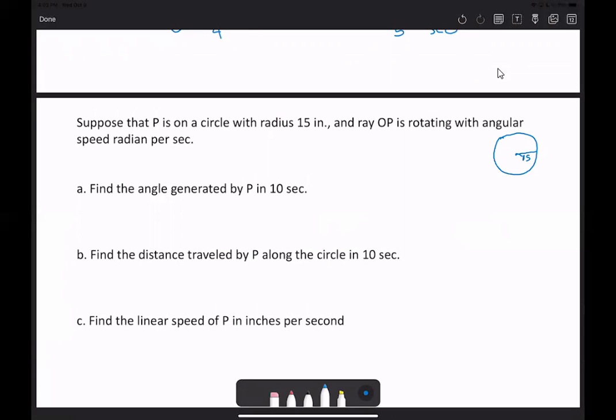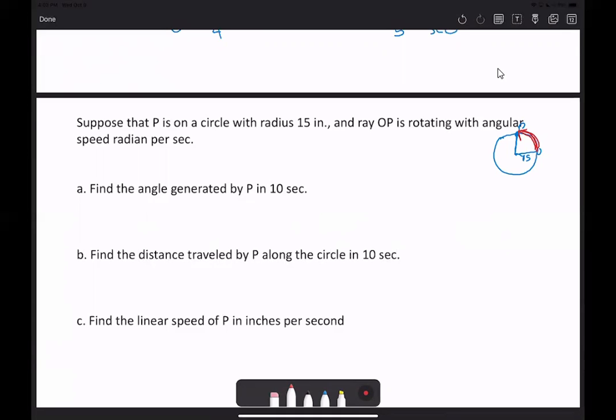P is somewhere on that circle. Ray OP, this ray right here, is rotating around the circle with an angular speed in radians per second.